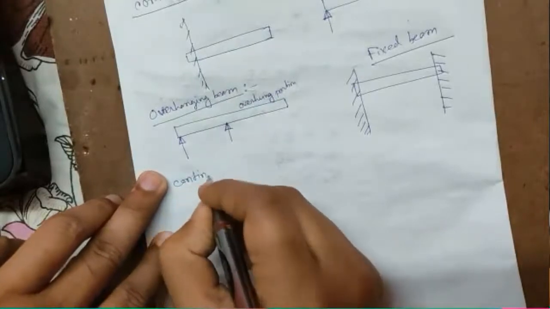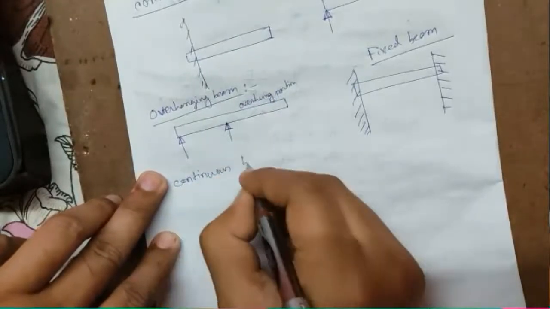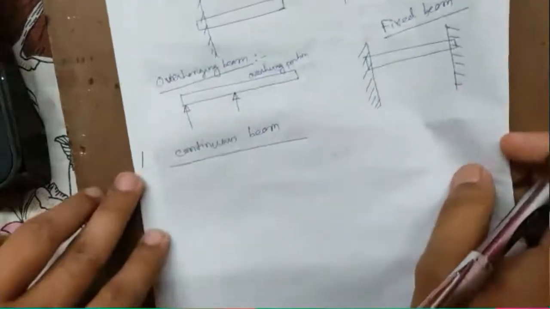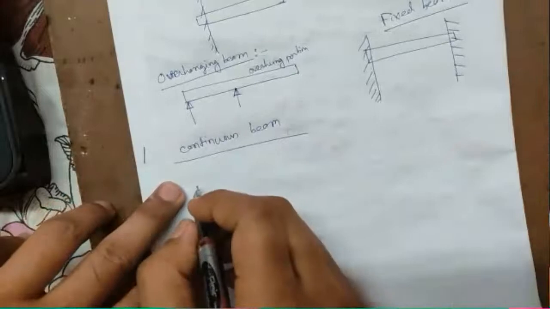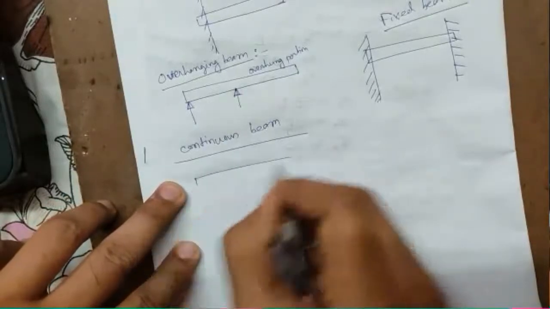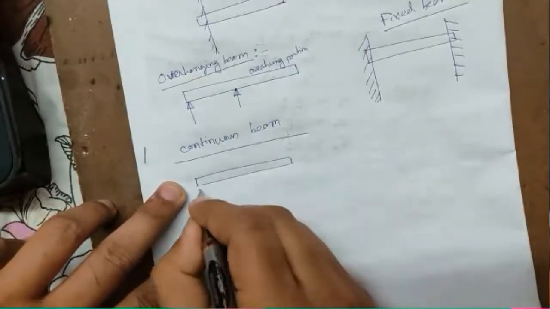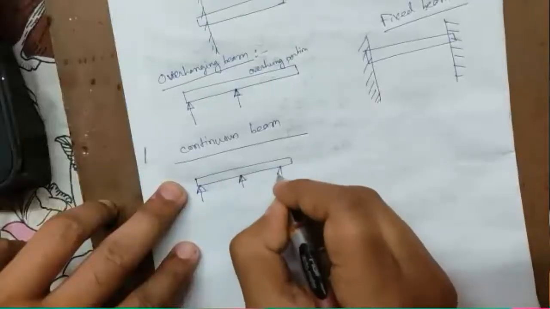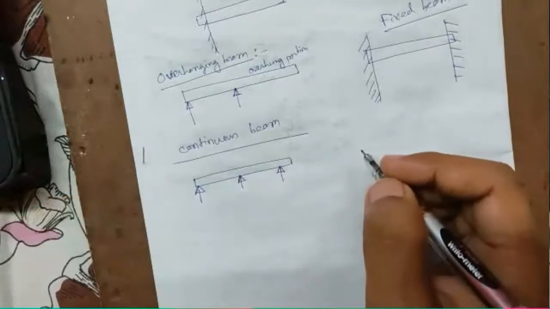When the number of supports is more than 2, then we call it continuous beam.